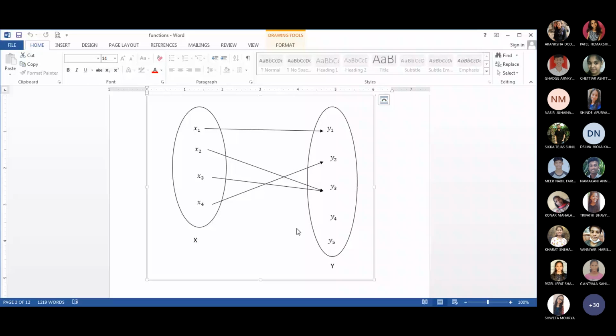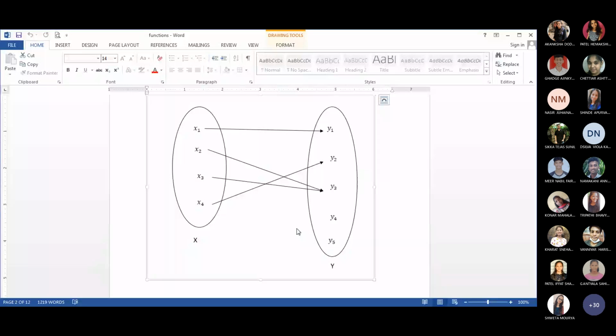But the reverse is true. That means one element in the codomain can have two different pre-images. That is valid. That is what we have seen yesterday.